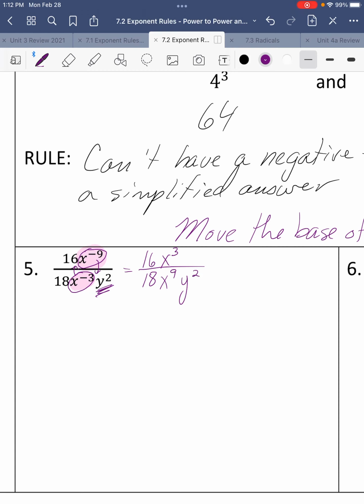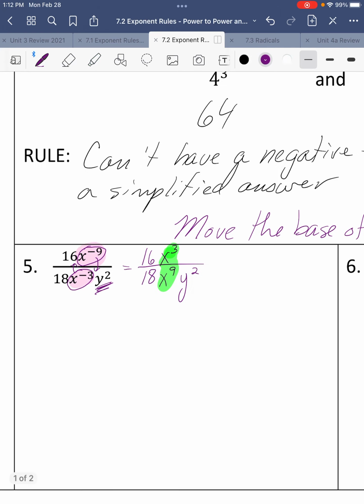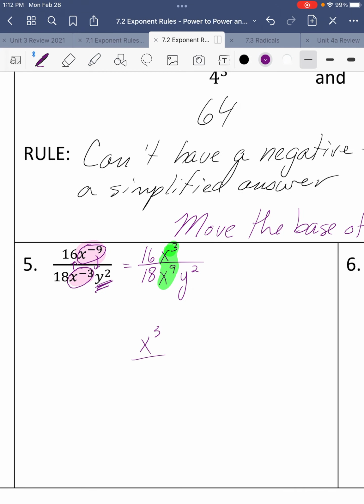At this point, you now can look to simplify numerator and denominator. So we have x to the third and x to the ninth. If you want to multiply that out, I'm going to write this separately. X to the third means x times x times x. X to the ninth, 1, 2, 3, 4, 5, 6, 7, 8, 9.